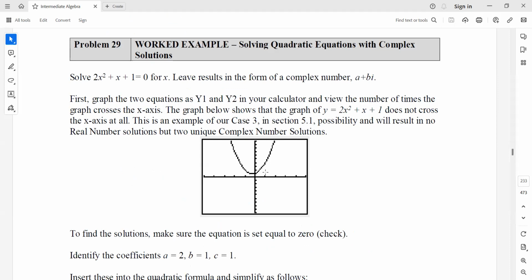You would see that the graph does not cut the x-axis, or does not cross the x-axis. So you know that you're getting case 3, which is a complex number situation. No real number solutions.